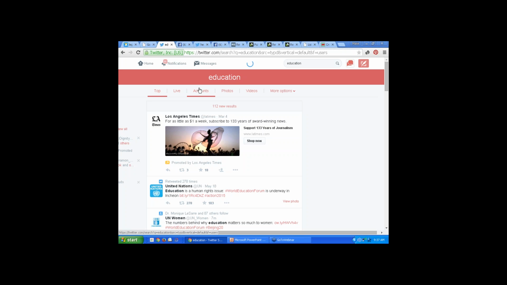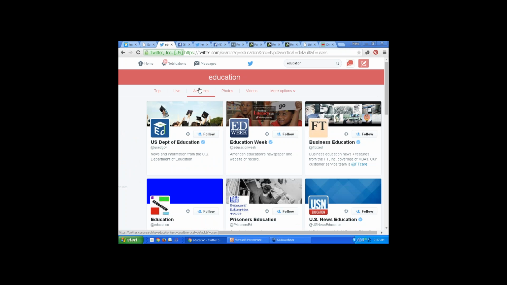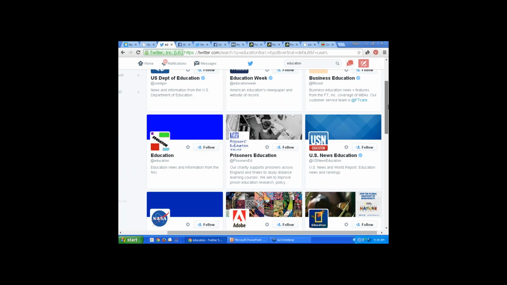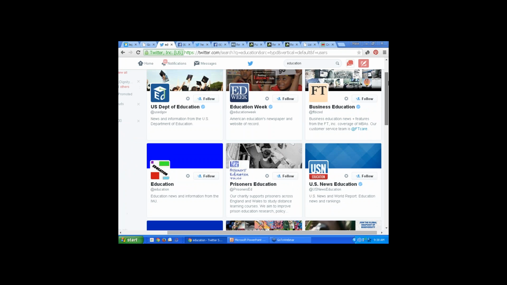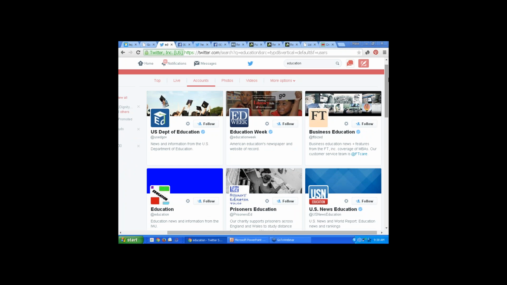The other part is that we can also look at accounts outside of the tweets themselves, and we can follow accounts. When you follow accounts on Twitter, you're able to also get other suggestions of who to follow. So when we look at what Twitter is suggesting for education, we have a lot of different subjects.